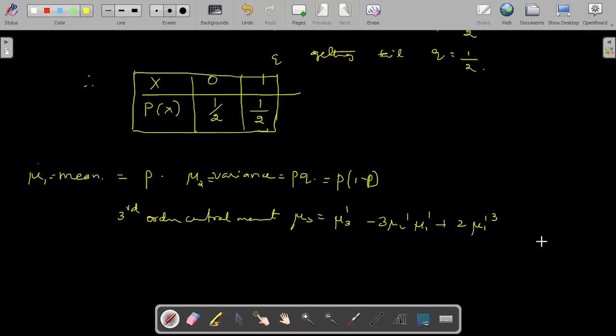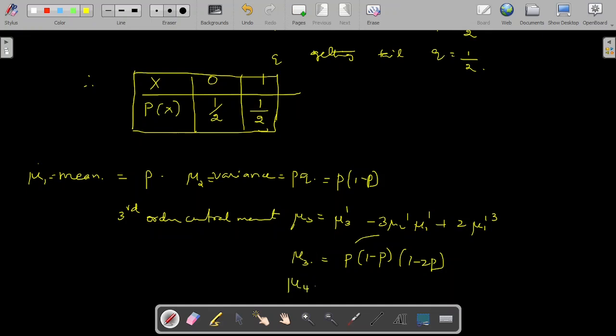I have already uploaded a video on different types of moments, so watch that video to understand how to get this formula. This formula you have to remember. After substituting all this, you will get P into 1 minus P into 1 minus 2P. This is the third order central moment, mu3.